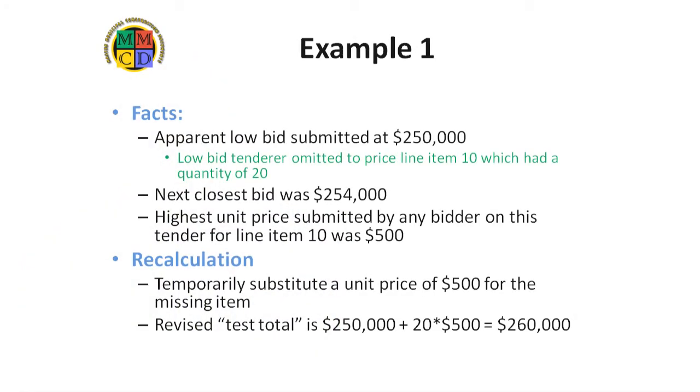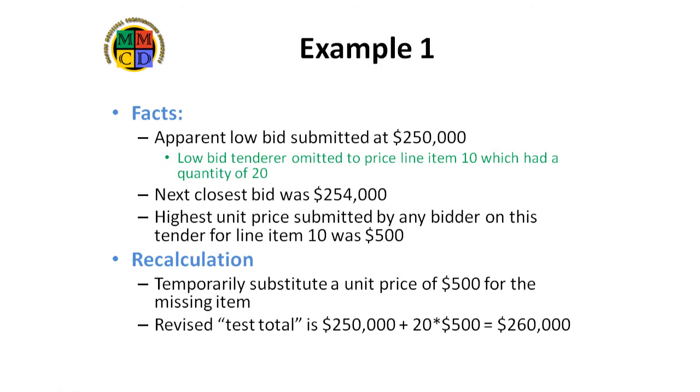Let's do some examples to clarify how this works. Here's example 1. The facts are that the apparent low bid was submitted at $250,000. However, the low bid tenderer omitted to price line item 10, which had a quantity of 20.